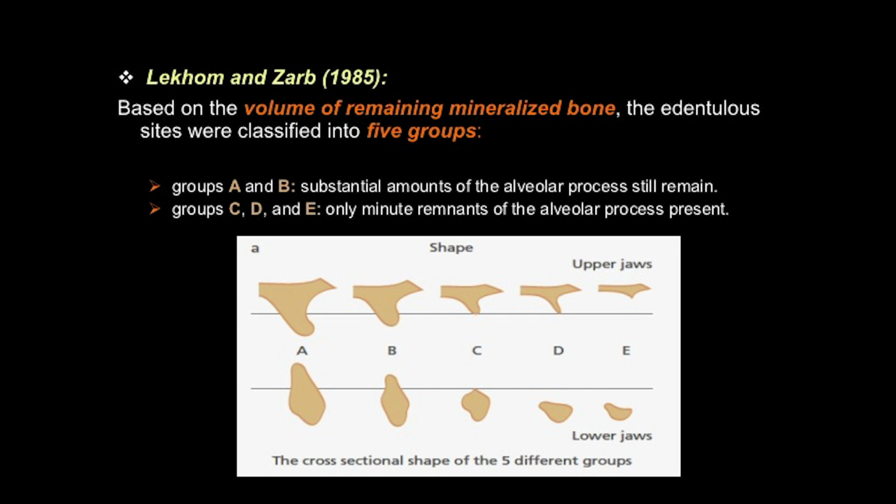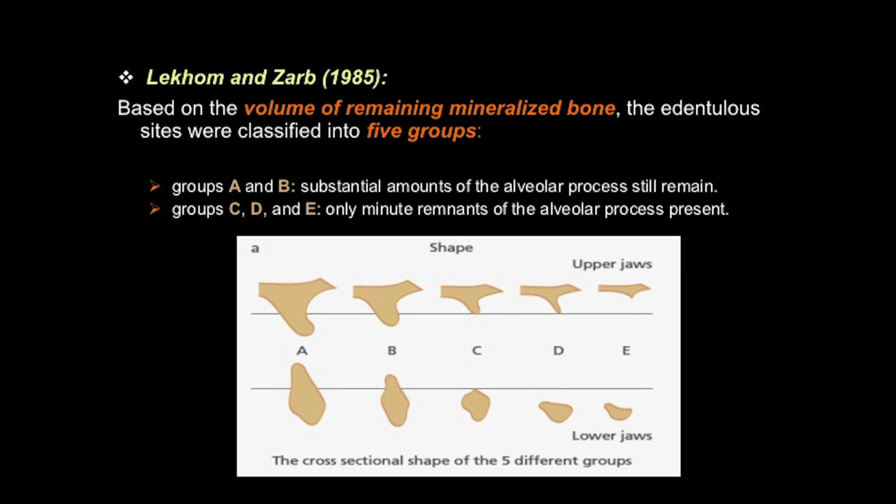The first and well-known classification for bone loss following tooth extraction is by Lekholm and Zarb as early as 1985. These people were the first to recognize that there are dimensional changes that occur to the ridge after tooth extraction. This classification is based on the volume of remaining mineralized bone.